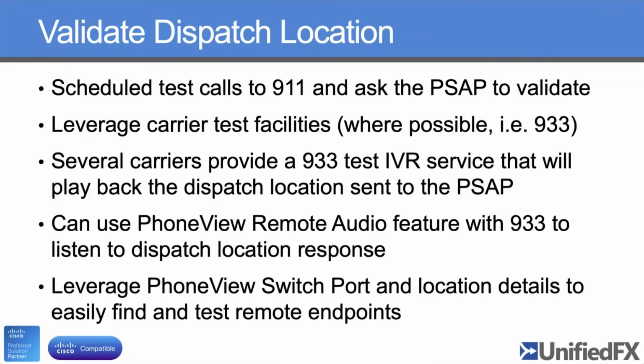You might schedule a time to do that, so you're doing it at a quiet time. And there are other mechanisms that some carriers provide, like a test service such as 933, which might give you an IVR and a response back to confirm the location record data tied to that particular device that made the call. So there's a lot of good stuff you might want to do.